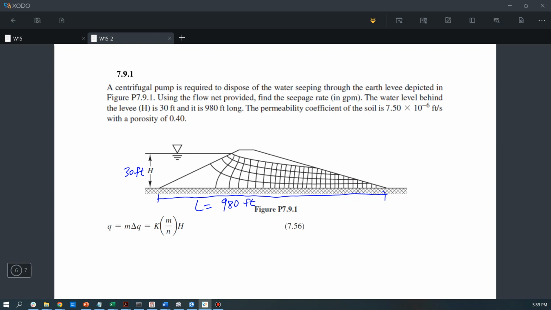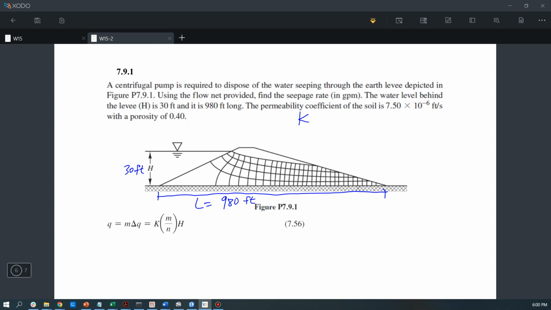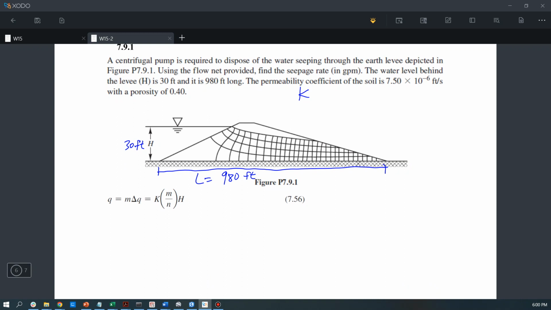The permeability coefficient of the soil is 7.5 times 10 to the power of -6, and this permeability coefficient has the notation K. And the porosity is 0.4, but that is not really required information for this problem.